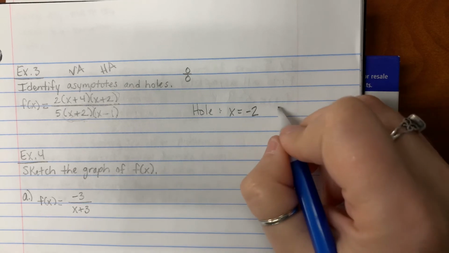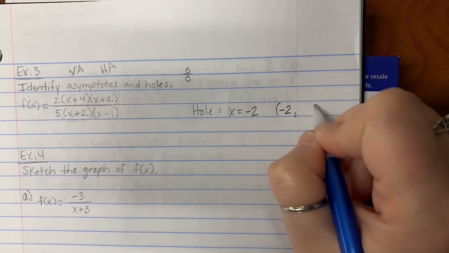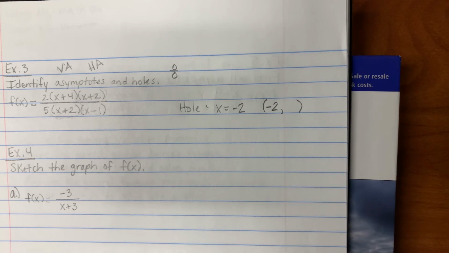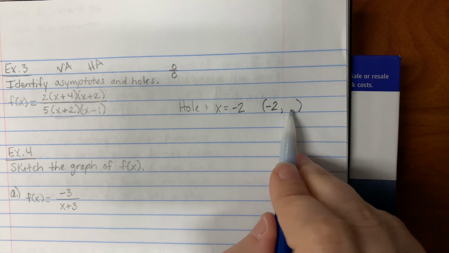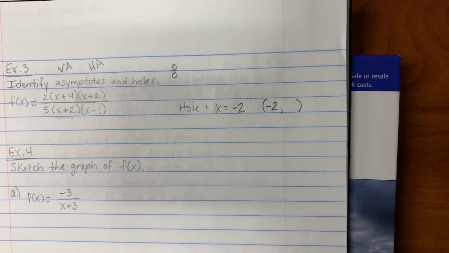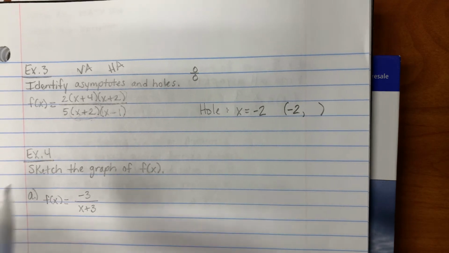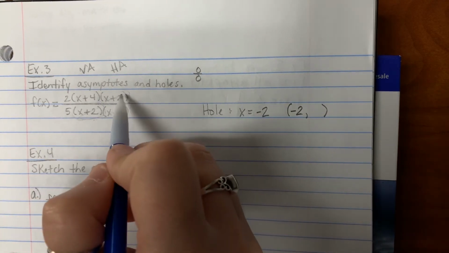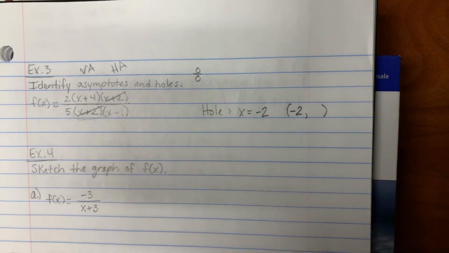A lot of times they will ask you where the actual point is. An asymptote is just x equals something or y equals something, but for holes, you have to give the point. So I need to find my y value. What I would do is go back and plug -2 into the function without this factor in there, so this and this cancel each other out.